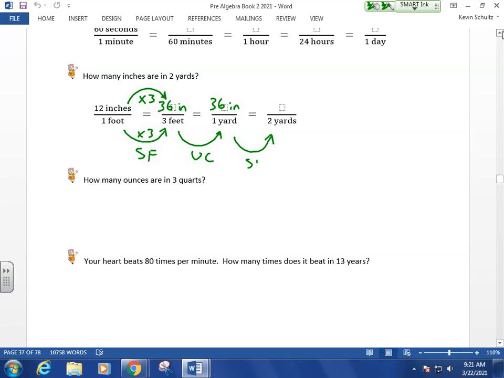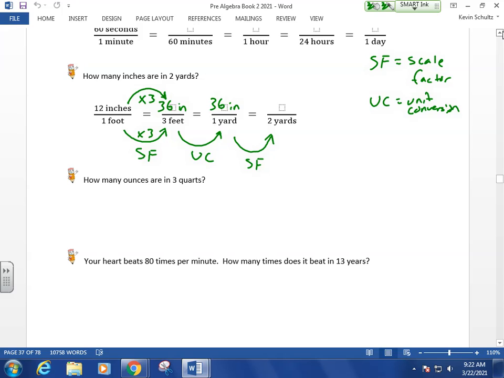One of those SFs on the margins, maybe write out SF equals scale factor, UC equals unit conversion. Because I would hate for you to be doing this on your own tonight and forget what SF stands for and what UC stands for.